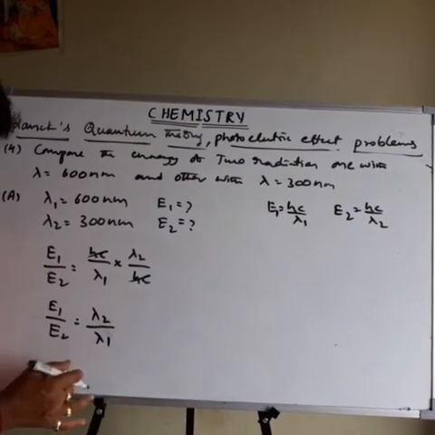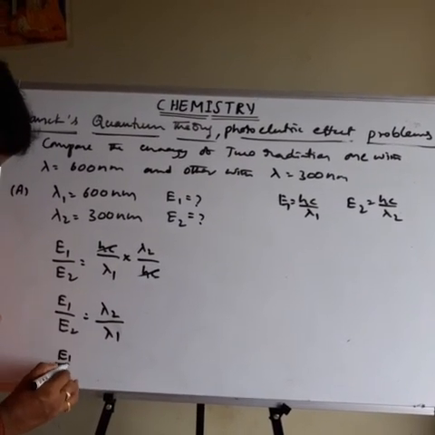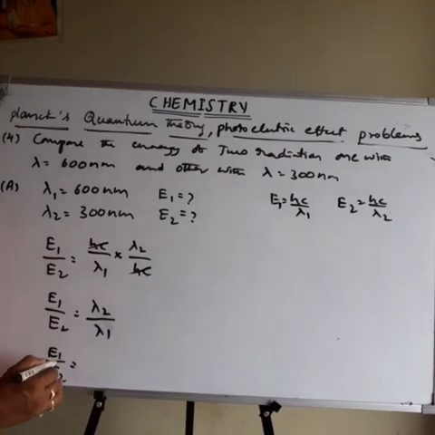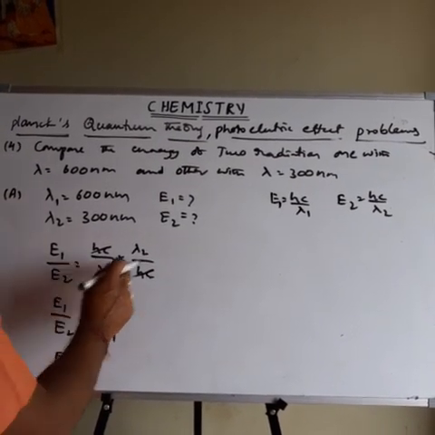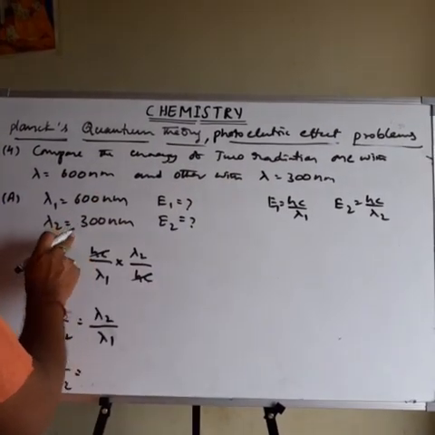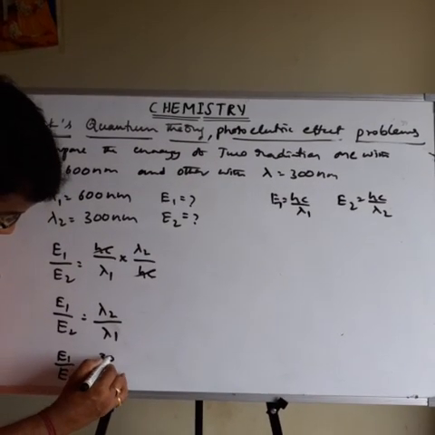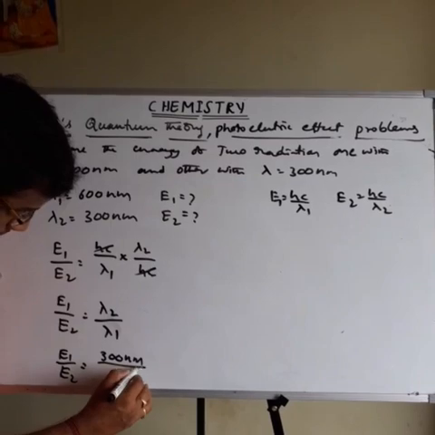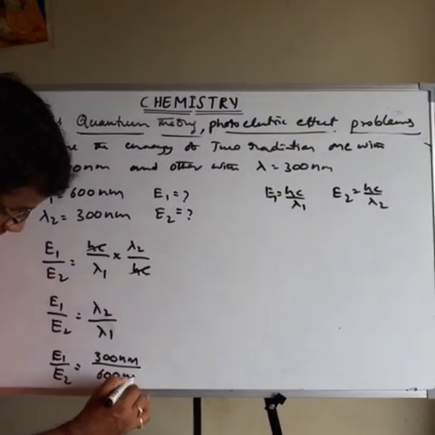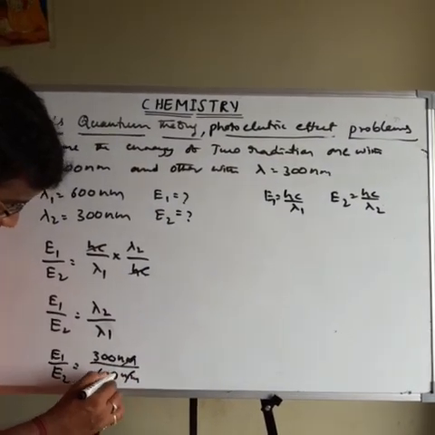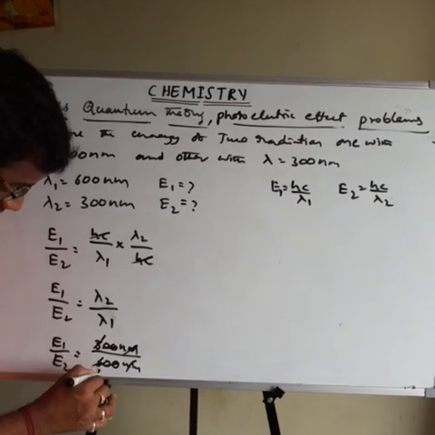They gave lambda 2 value 300, lambda 1 600, so 300 nanometers divided by 600 nanometers. Nanometer cancel, zero cancel, 3 1s are 3, 3 2s are 6.